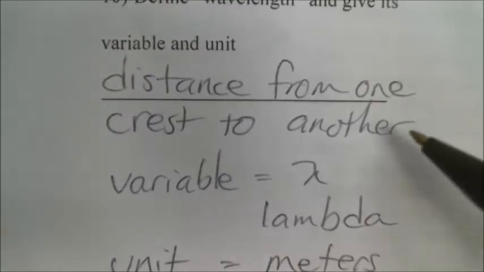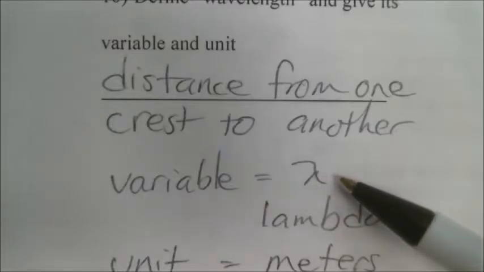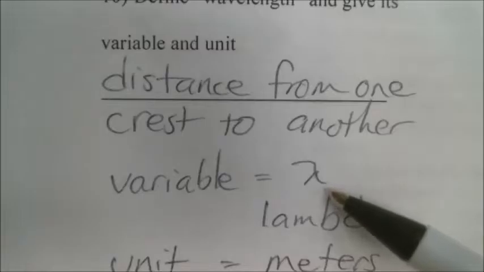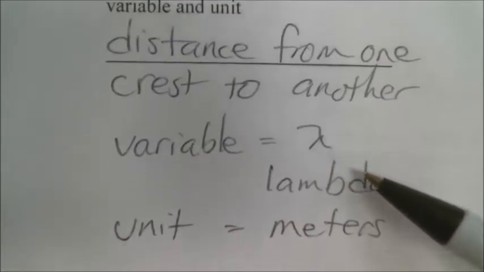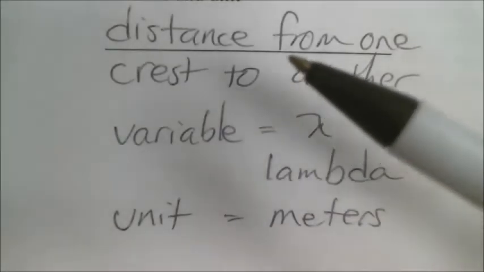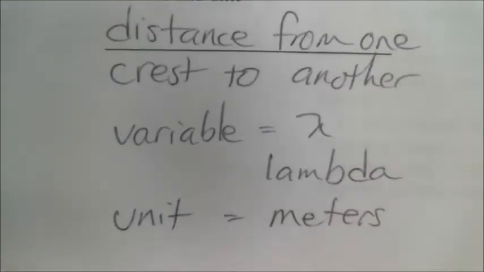The variable for it, when we see it in an equation, is this very unusual thing. It's a Greek letter called lambda. It's sort of like an upside down y. The unit that we measure this in, well, it's a distance, and so the metric unit for distances is meters.